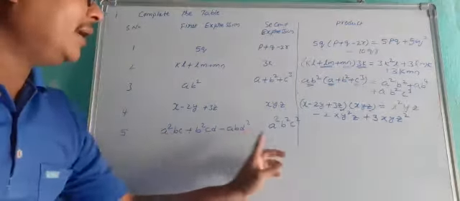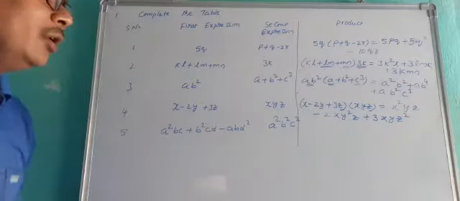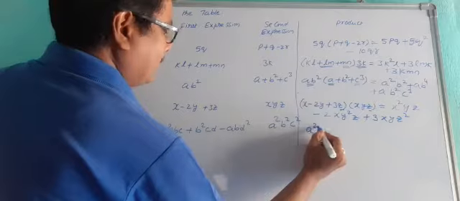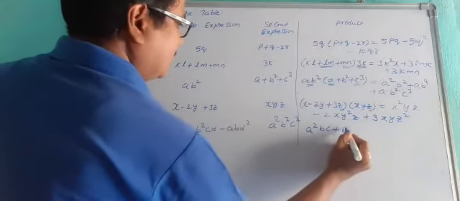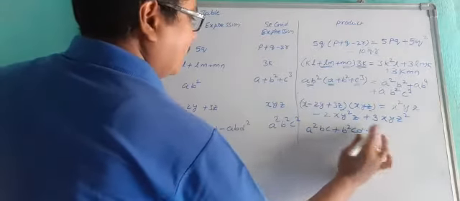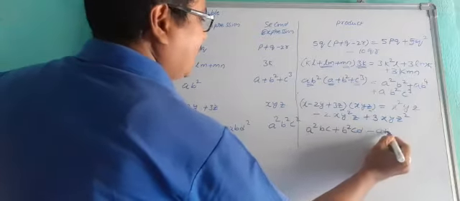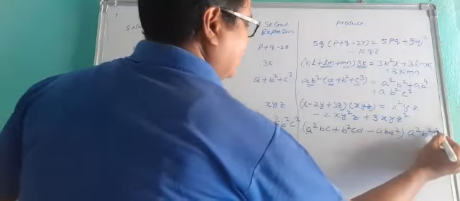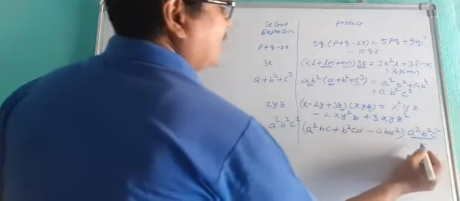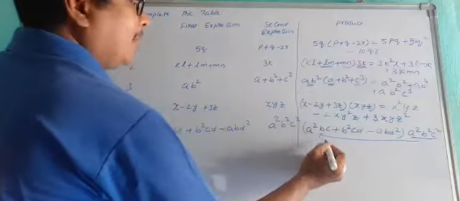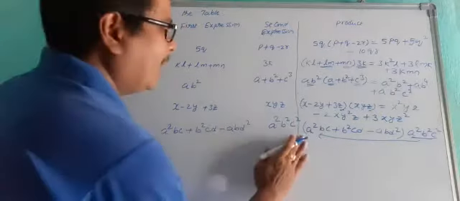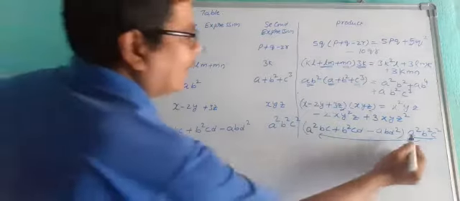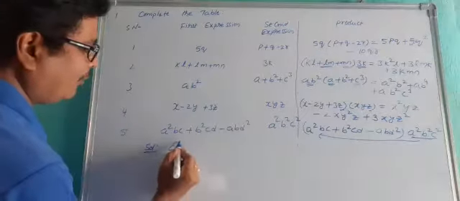Last and final, product of trinomial with monomial. What is that? a square bc plus b square cd minus ab d square with a square b square c square. So a square b square c square into the first term a square bc. a square into a square, a power 4.